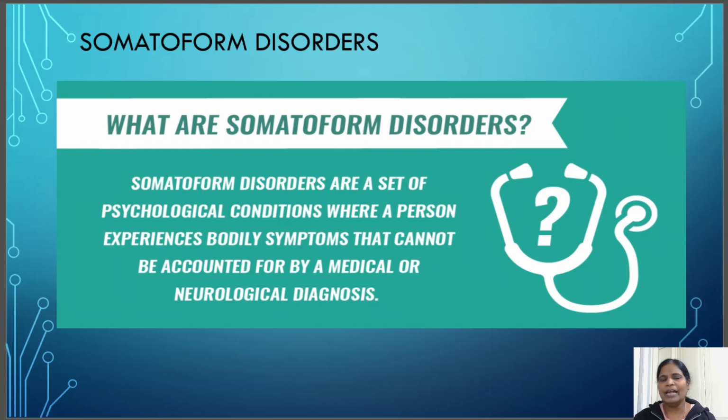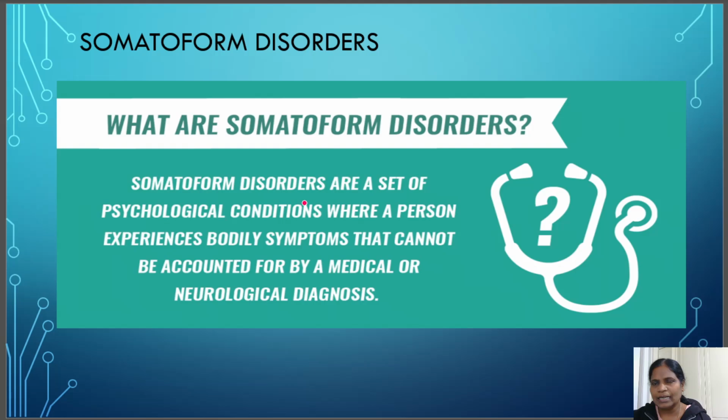They are defined as a set of disorders where a person experiences bodily symptoms that cannot be accounted for by a medical or neurological diagnosis. If we understand this concept, it is easier to understand some of the subtypes which come under these somatoform disorders.